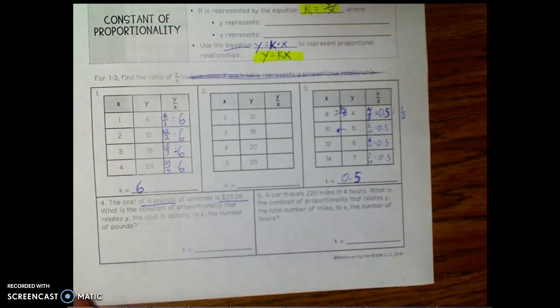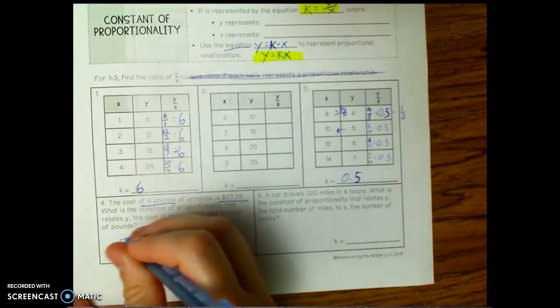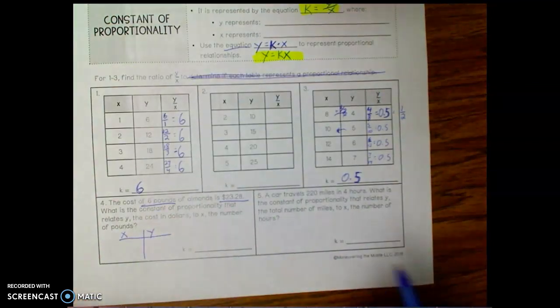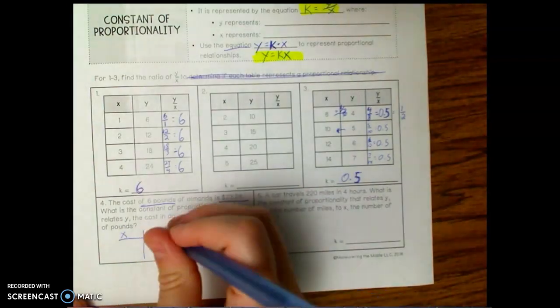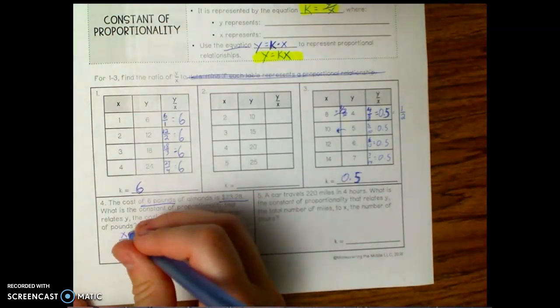All right, so to do this, we need to realize that we have an X and a Y table, and we don't get to choose which one goes where. The problem told us. It told us that Y was the cost in dollars, and that X was the number of pounds.